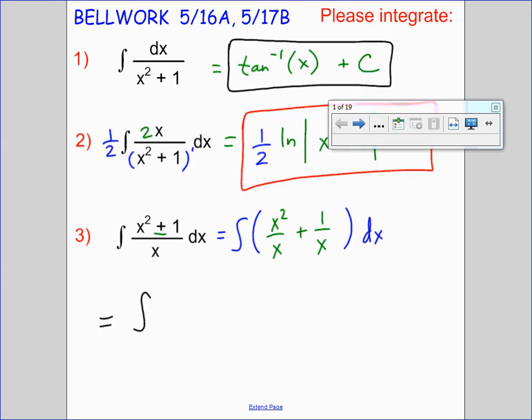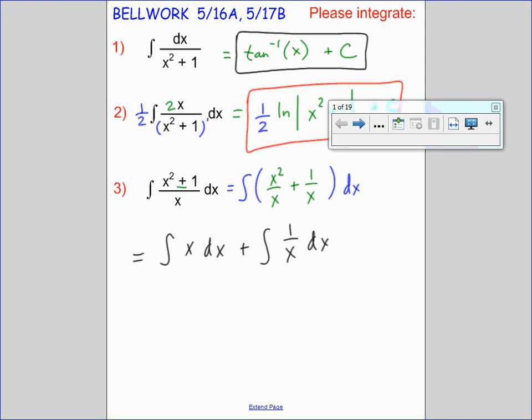This is just the integral of x plus the integral of 1 over x, and we can now integrate term by term. So it looks like x squared over 2 plus c, but I'll hold off on that until we get our second part. Natural log of absolute value of x, close bars, plus c.